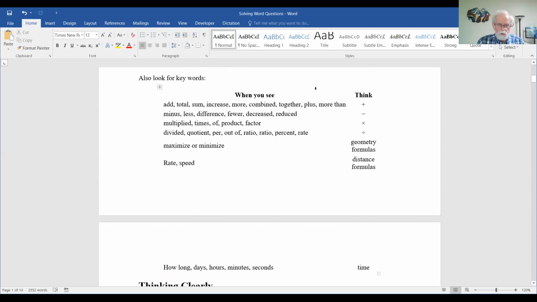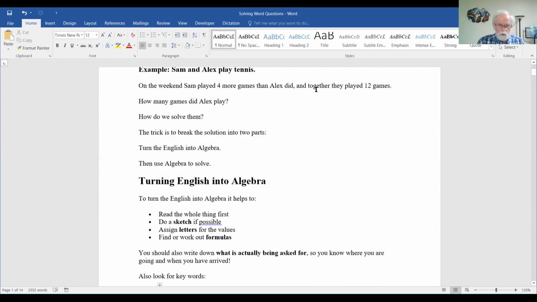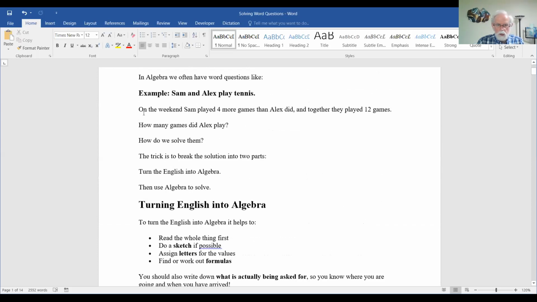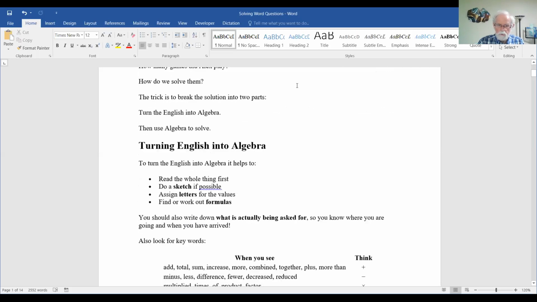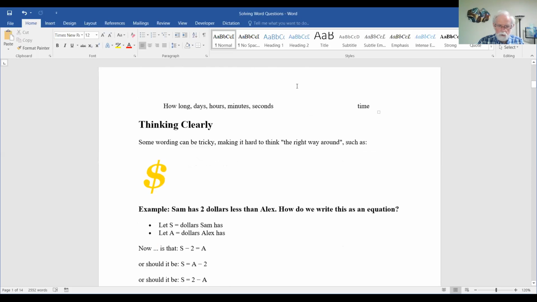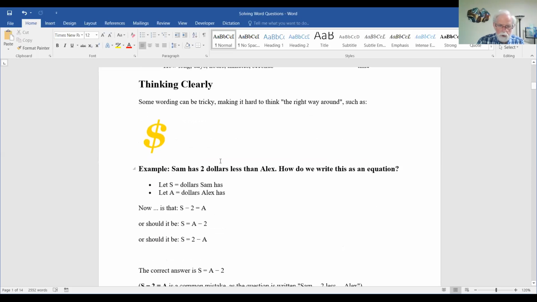One of the tricks, the reverse thinking here might be: on the weekend, Alex played 4 less games than Sam. That's the reverse. It'll give you the same exact answer, but it might be reversed in its wording. So the example here, Sam has $2 less than Alex.